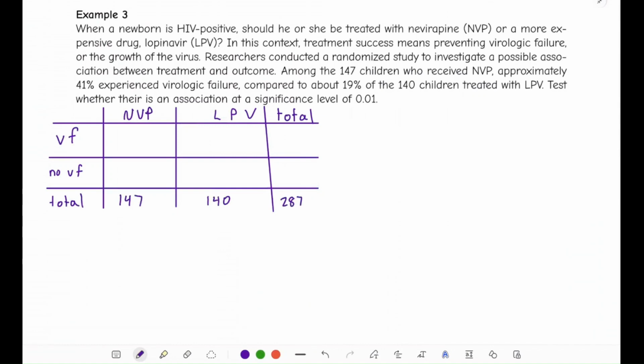And now I know 41% experienced the virologic failure. So 0.41 times 147. Oh, sorry. Typed in 174. So we're getting 60.27, which means 86.73 goes here. And then for the 140, we have the 19%, which is 26.6.